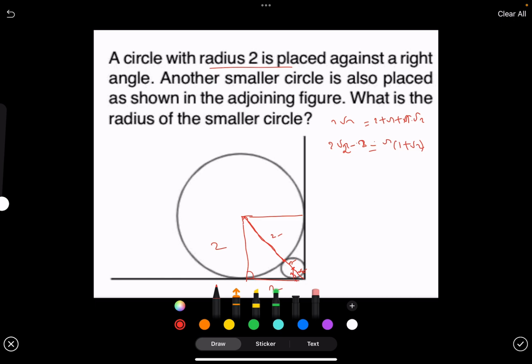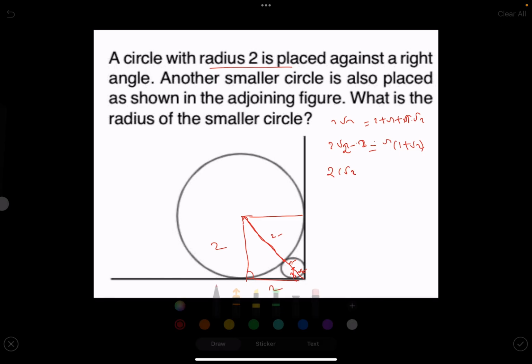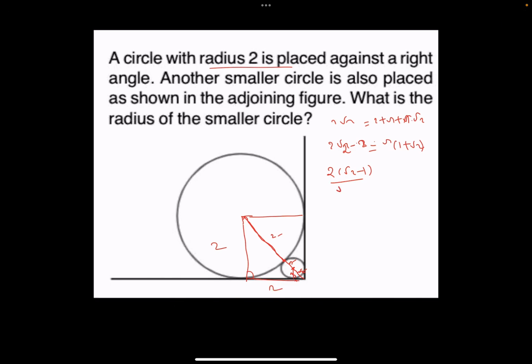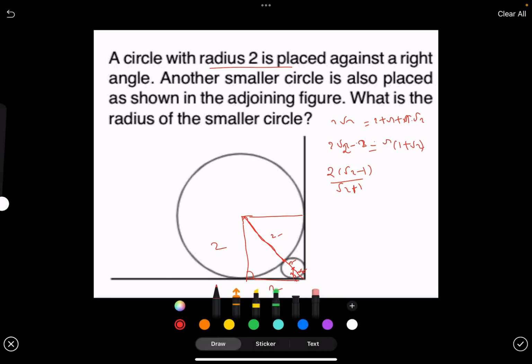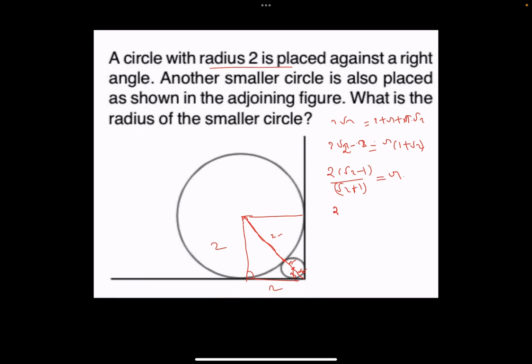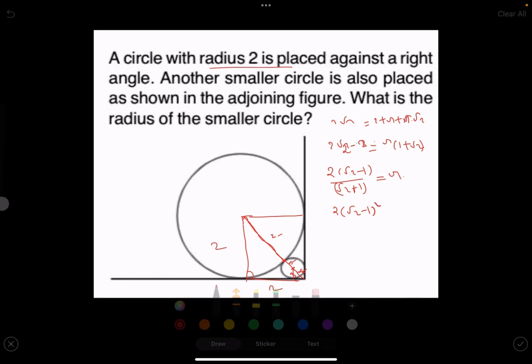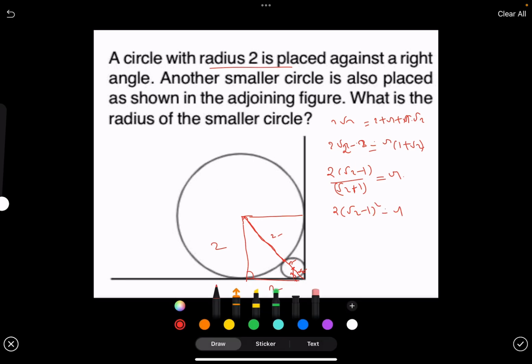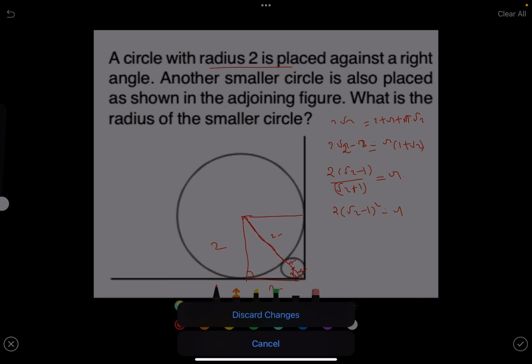Now 2 can be taken common, so 2 times (root 2 minus 1) upon (root 2 plus 1) equals r. This you can rationalize, so this will become 2 times (root 2 minus 1) whole square. This is r. Further you can rationalize depending on the options. Okay, this was it.